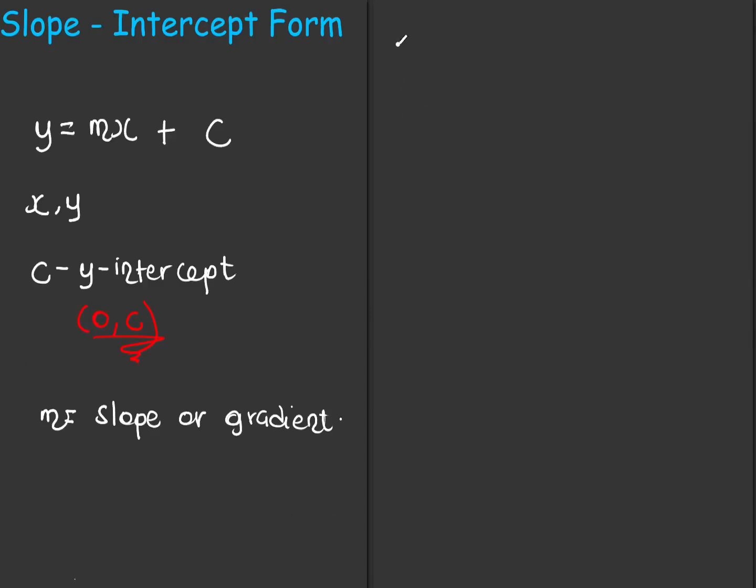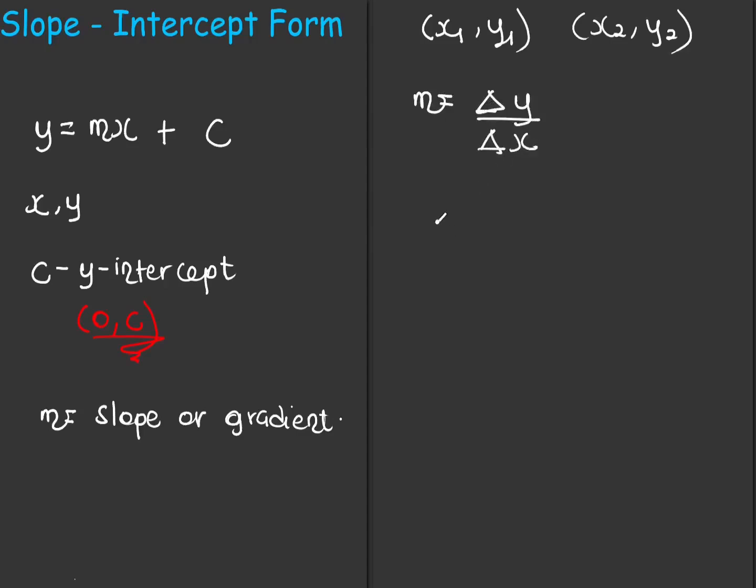Now, if you have two coordinates or two points, so you have x1 and y1, and you also have another point x2, y2, then the gradient of the line joining these two points, m, is given by the change in your y value over the change in the x value.